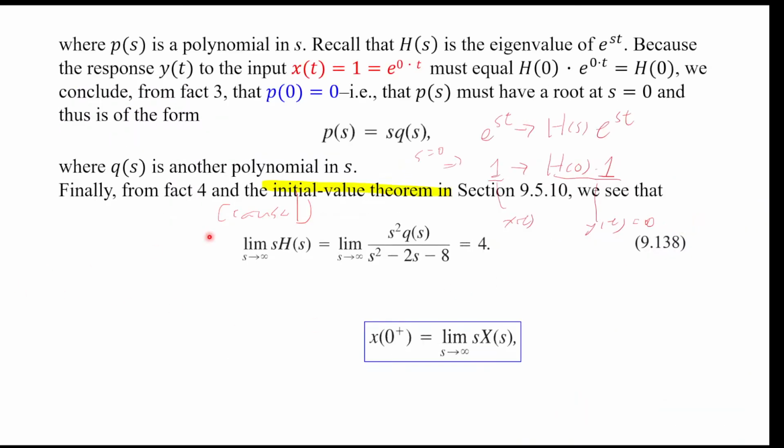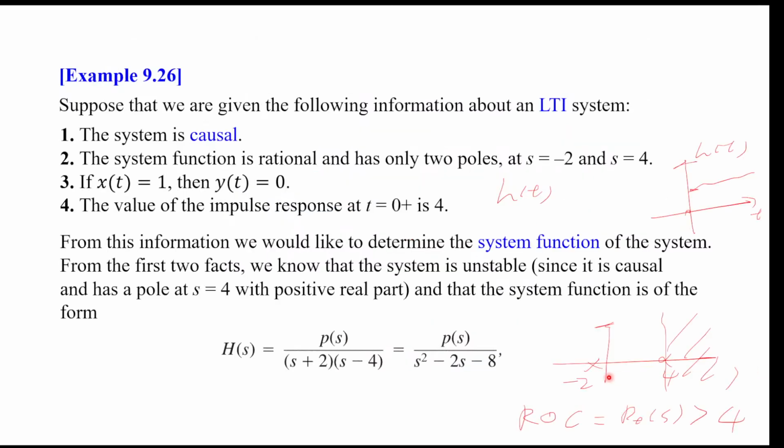At 0 plus, this initial value 4 should equal the limit as s goes to infinity of s times H of s. So s times P of s equals s squared Q of s, divided by the denominator s squared minus 2s minus 8.